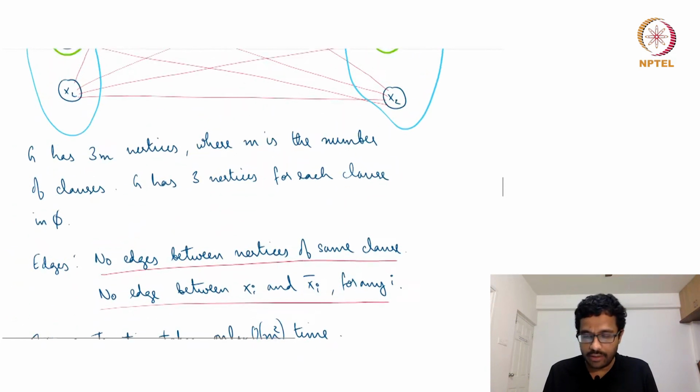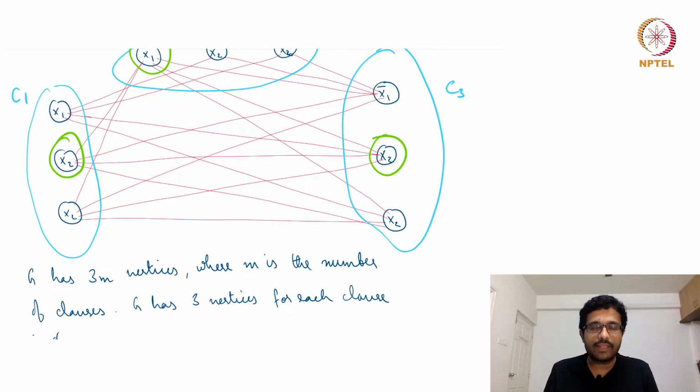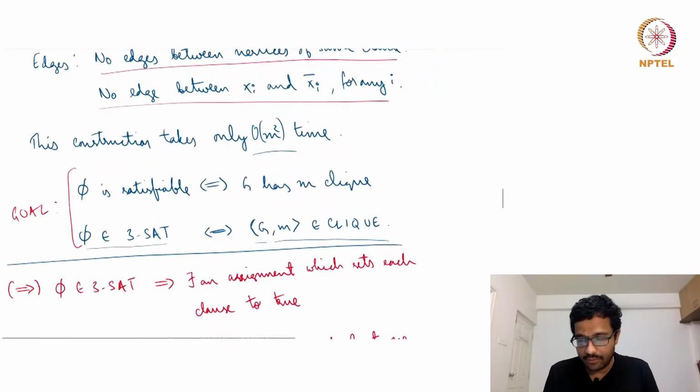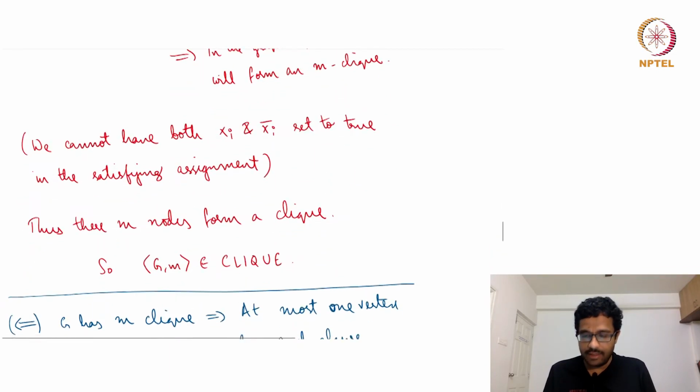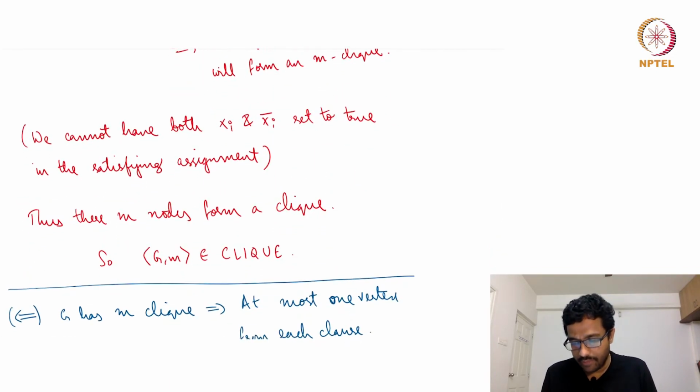And because there are m clauses, there will be exactly m vertices in this set, and they will form an m-clique. So these m nodes form a clique. So the graph has an m-clique. So if the formula has a satisfying assignment, then the graph has an m-clique. Now we will show the reverse direction.